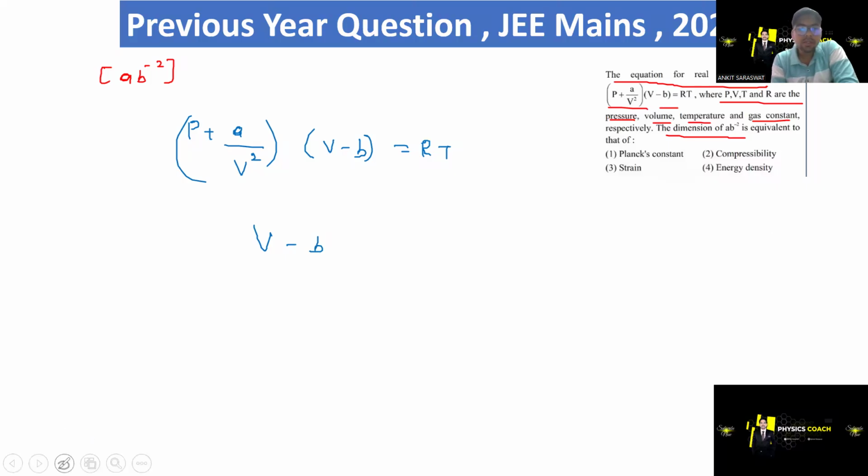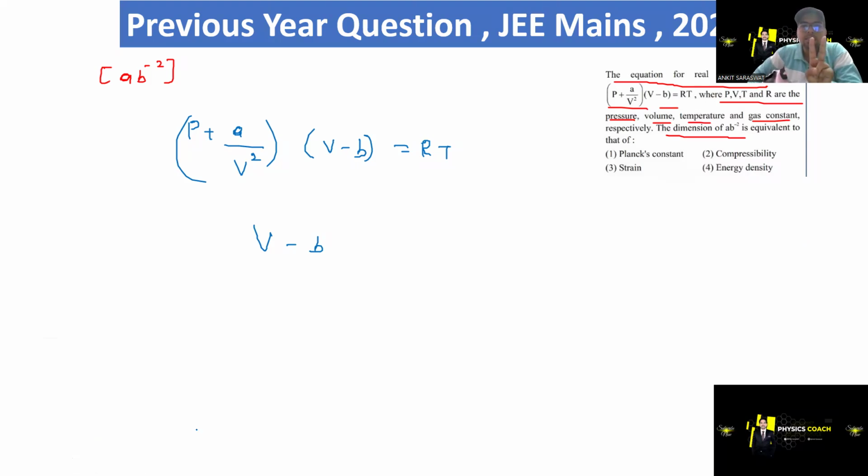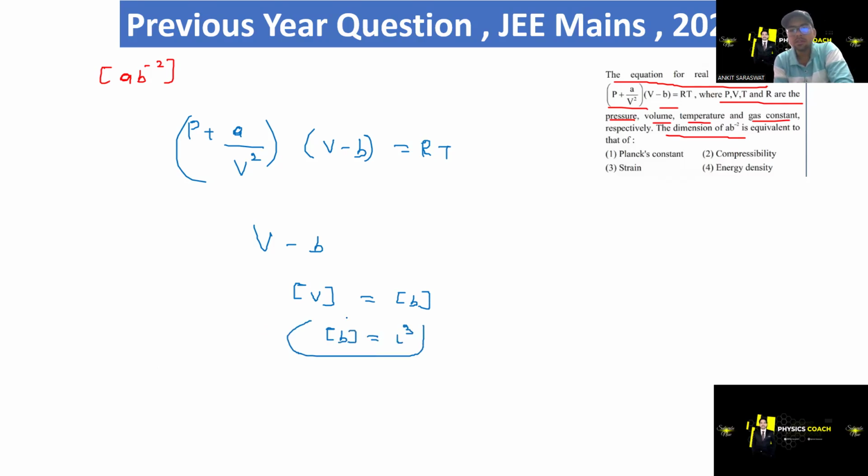As per the principle of homogeneity, we can add or subtract two physical quantities only when they have the same dimension. So the dimension of b is the same as the dimension of volume, which is L³.